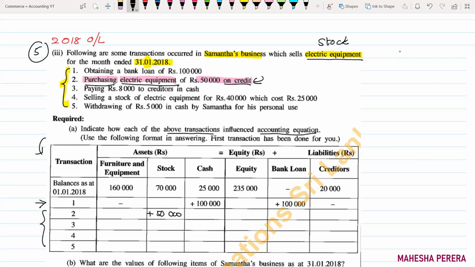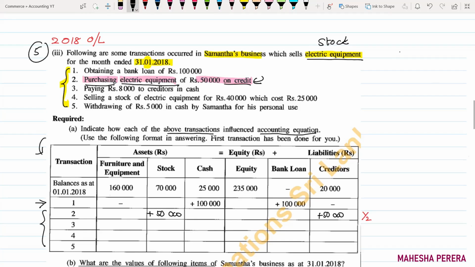This means the value of creditors increases, so we need to increase creditors by 50,000 rupees. If both impacts are correct, give a half mark.